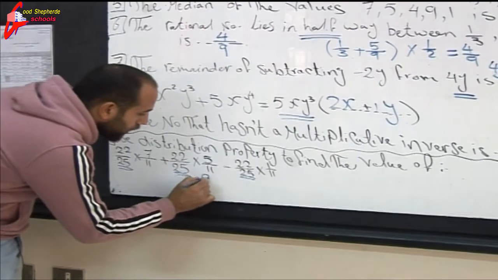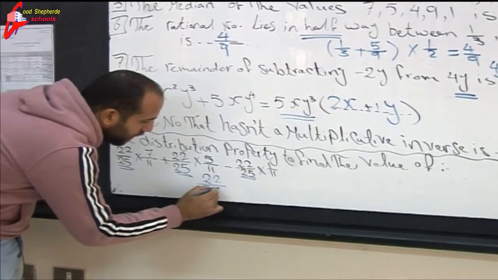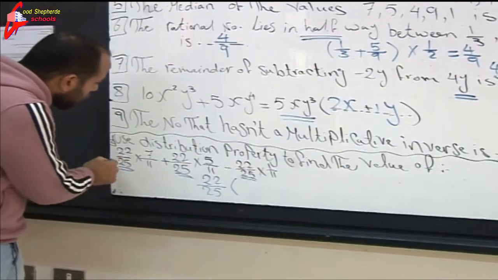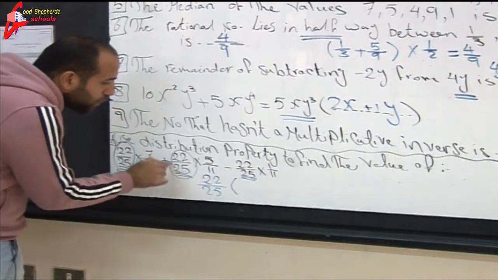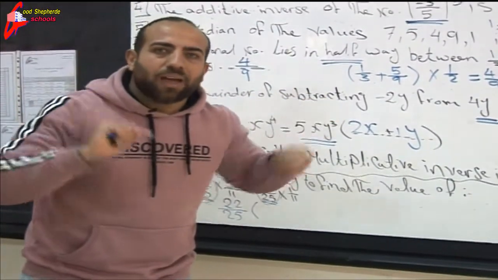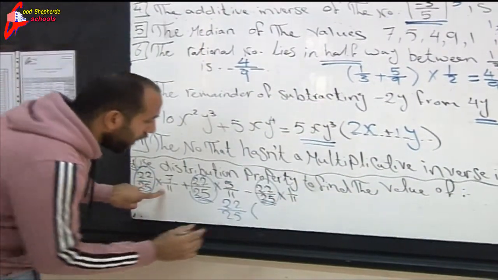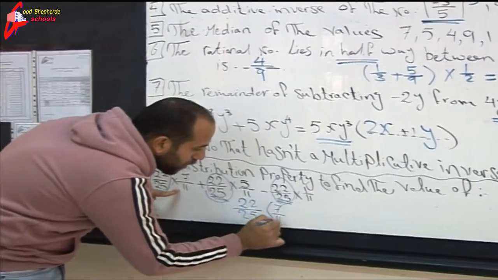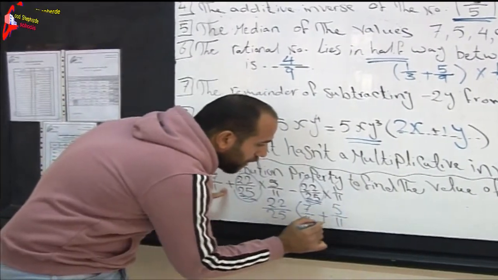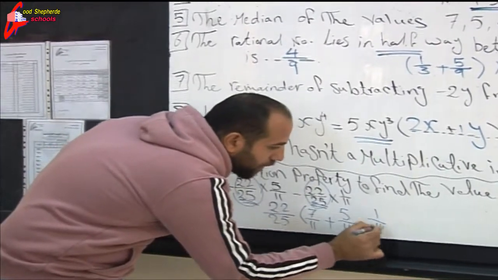Then open a bracket, and write the remainder inside the bracket: 7 over 11 plus 5 over 11 minus 1 over 11.